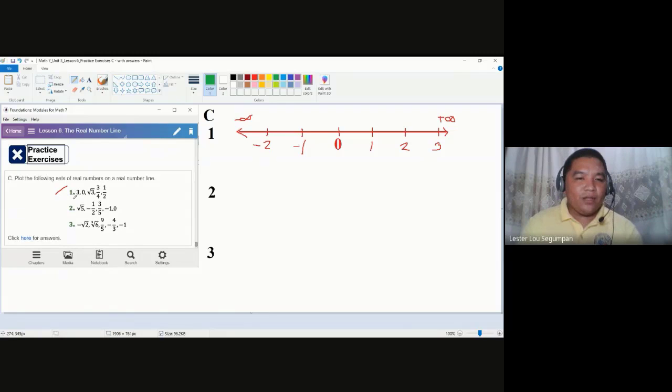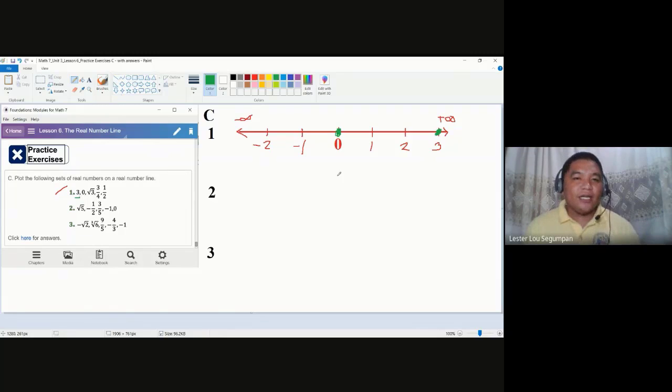So for number 1, you have a 3. So this is 3. And then you have 0. We know that 0 is less than 3. Next value is square root of 3. In the previous video, we have already estimated square root of 3. If you want to know the estimated value of square root of 3, you could check that in the previous video.